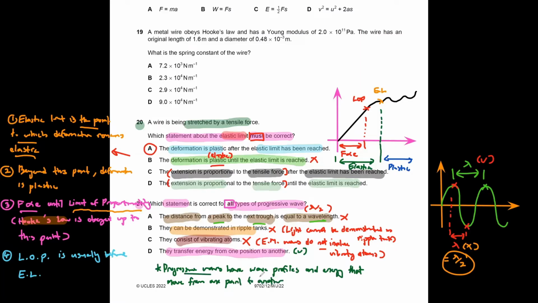Progressive waves will have a wave profile that moves from one point to another. They also have energy that moves from one point to another. So here they say they transfer energy from one position to another. This is correct for all progressive waves. Okay, so this is question 21.